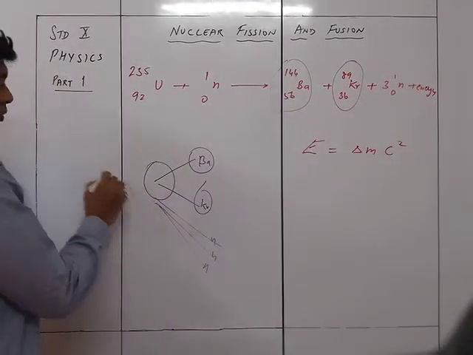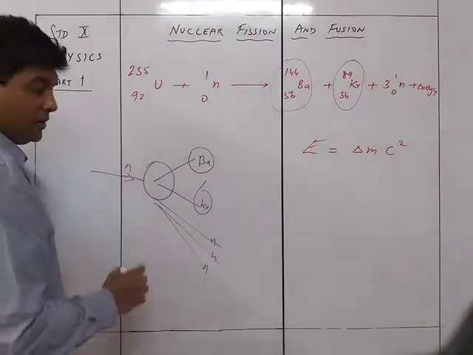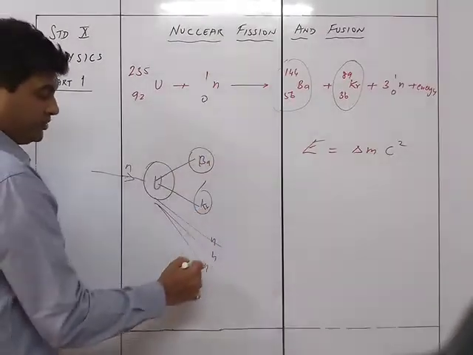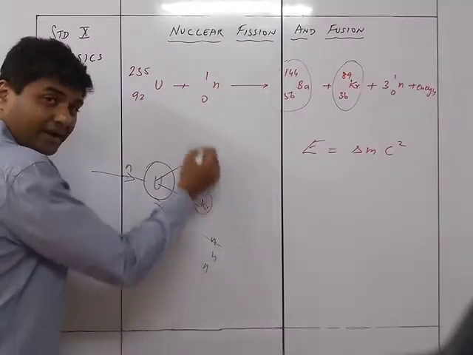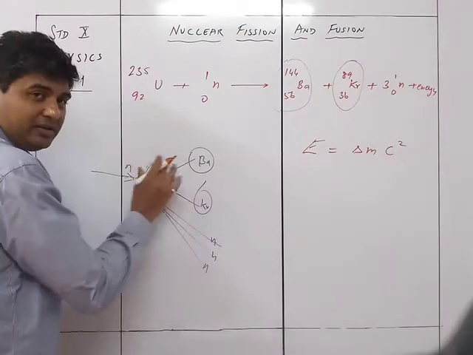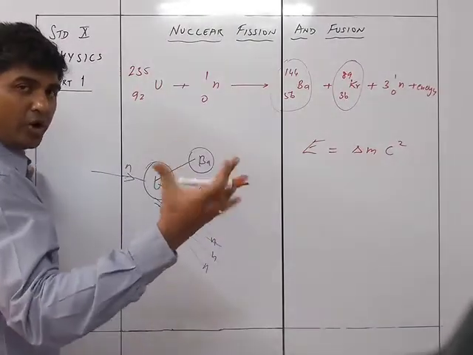Here, we made one neutron bombard the uranium. These neutrons which are given out are going to hit the uranium which is there. There is not only one atom of uranium; we have multiple, there's a uranium rod altogether.